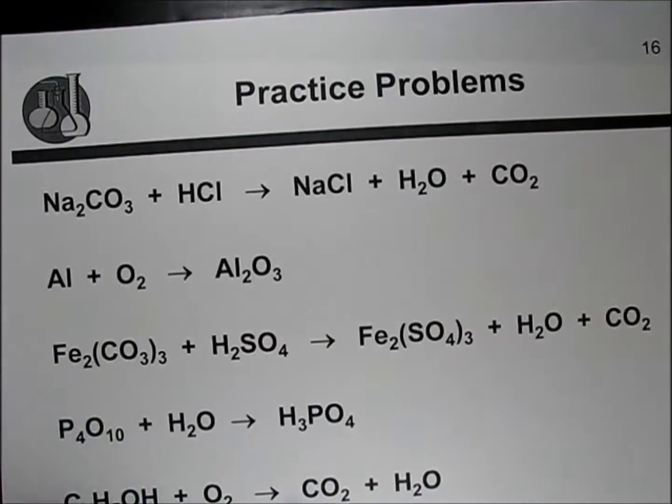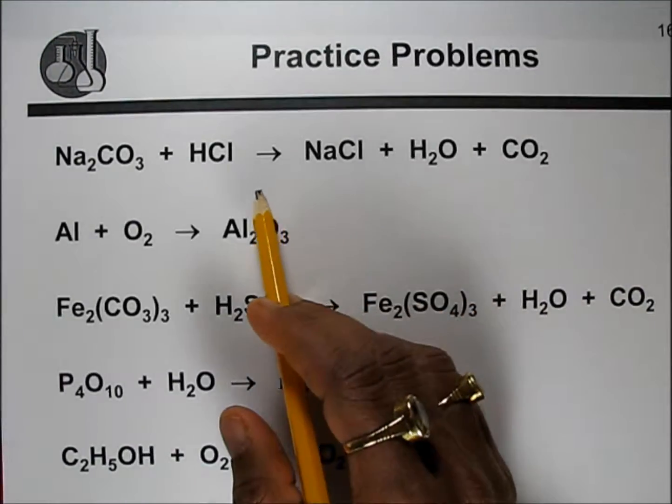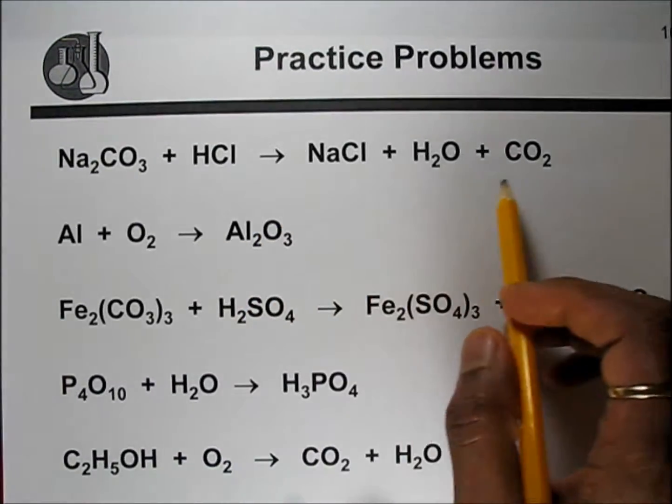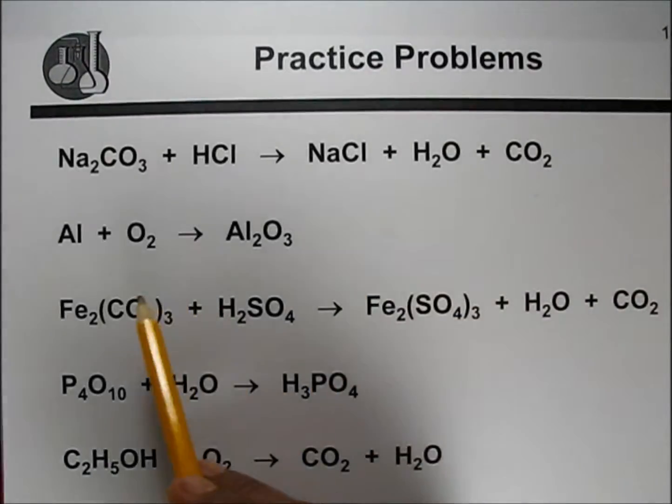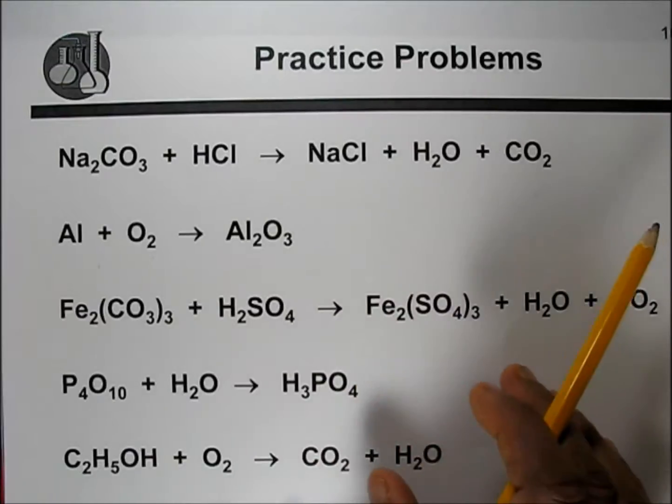In a similar way we have to see some more examples. Here is to balance sodium carbonate plus HCl giving sodium chloride, water and carbon dioxide gas. Aluminum, when it reacts with oxygen, forms aluminum oxide.